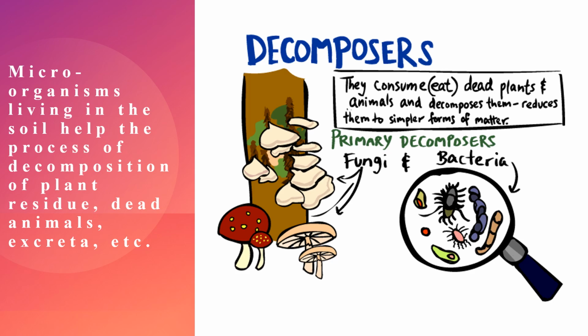Now these microorganisms are small organisms which we cannot see with our eyes, but they can be seen with the help of microscope. Okay, so what they do, they convert the dead plants and animals into simpler form by decomposing them.